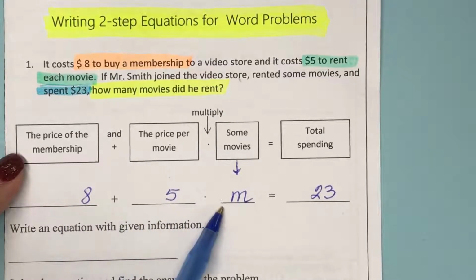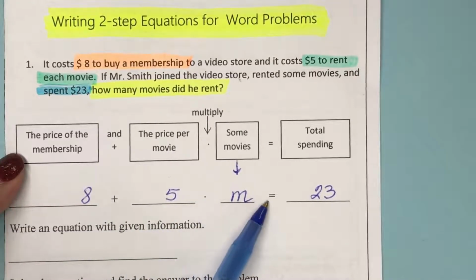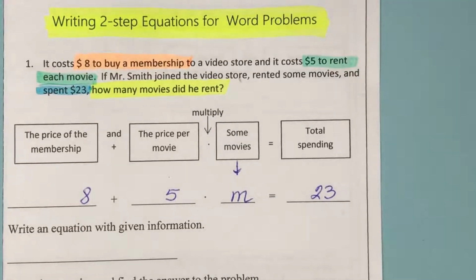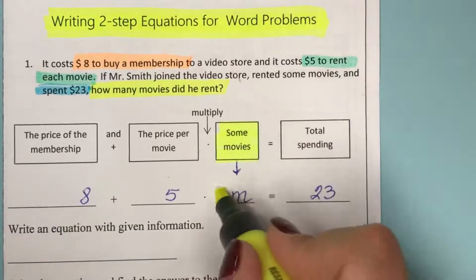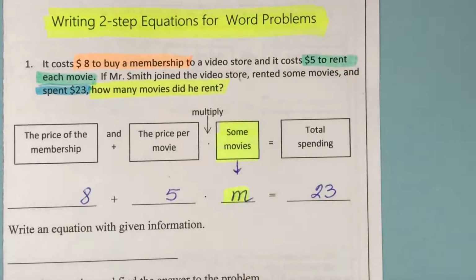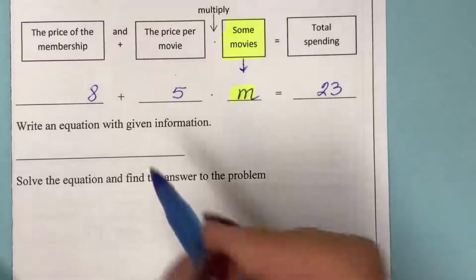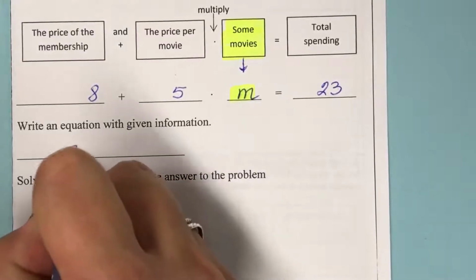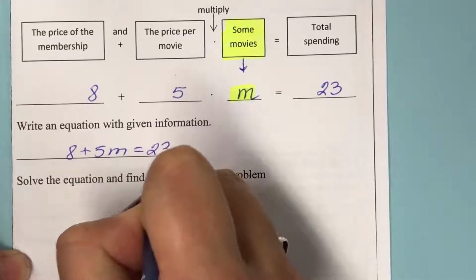The membership and a few movies times $5 each equals the total of 23. So the question in the problem is the unknown in the equation. All the other parts of the equation we know. So to write the equation, we have now 8 plus 5m equals 23.